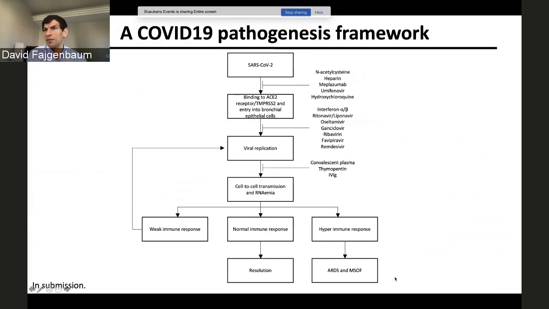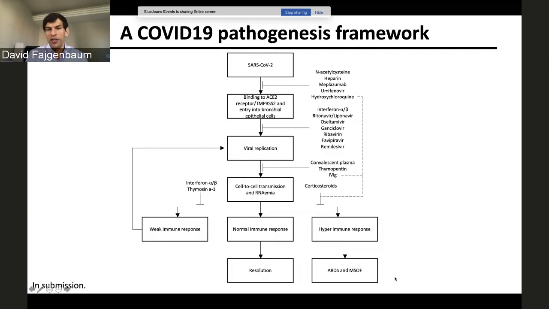You can use convalescent plasma from individuals who are healthy now but have already battled COVID-19 and have neutralizing antibodies; thymopentin, which is believed to boost antibody production; or just IVIG, a bunch of non-specific antibodies, hoping that some will cross-react with SARS-CoV-2. Another approach, to prevent a weak immune response by boosting it, is using a drug like interferon or thymosin alpha-1. These, again, have all been given to humans with COVID-19.